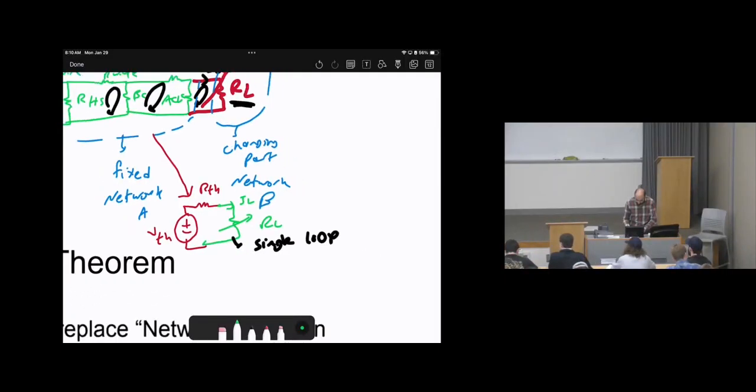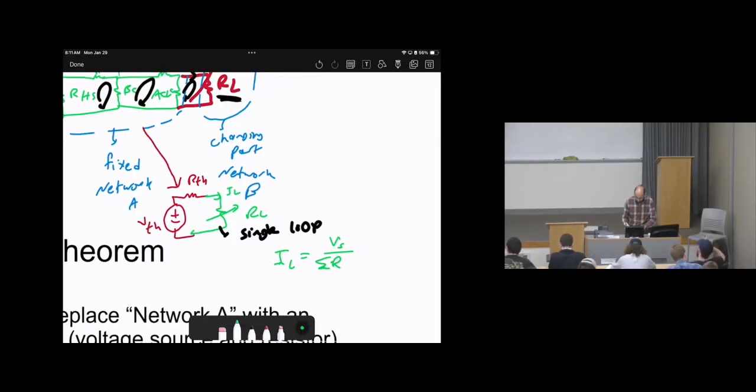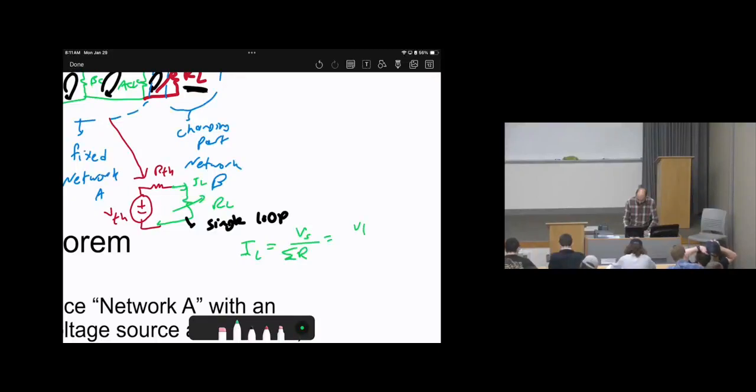In a single loop, the current IL will be the voltage source divided by the sum of the resistors. This is valid if and only if we are in a single loop. So basically, it will be V Thevenin over R Thevenin plus RL. Okay?